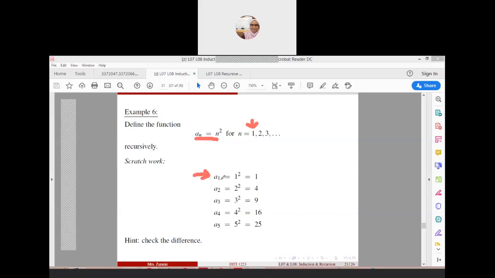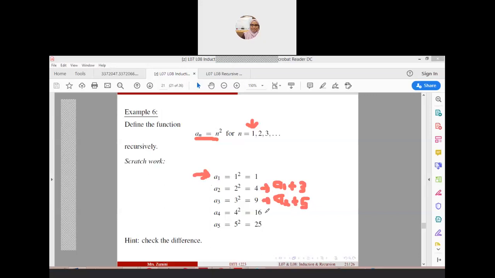Then the second iteration is we use the previous value, which is a1, then we plus 3, it becomes 4. Then for here, we use the previous value a2 plus, what is it? 9 minus 4, 5.